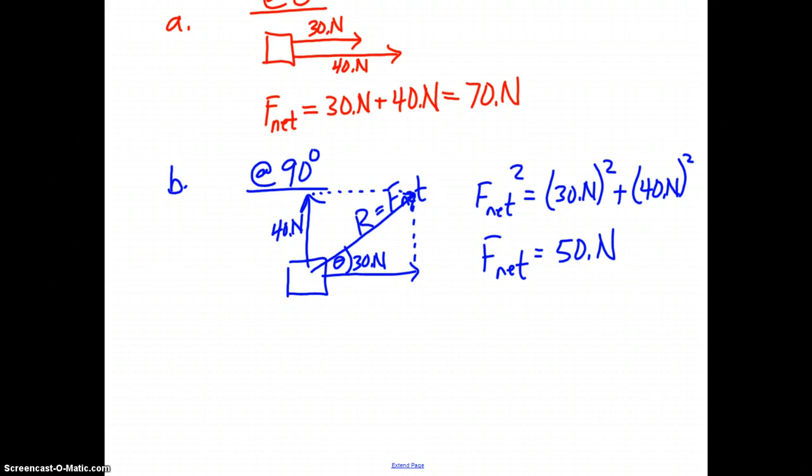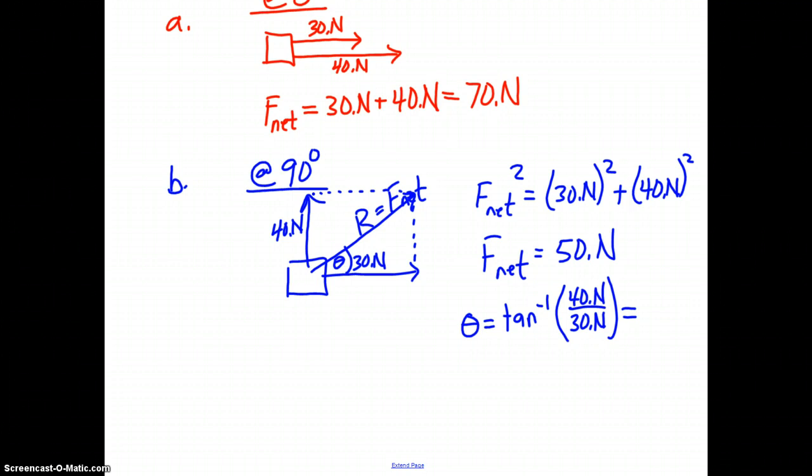What trig function relates the 30 newtons and the 40 newtons along with the angle? And that trig function, of course, is tangent. And you will remember that we will take the inverse tangent of the opposite component, which in this case is the 40 newtons, over the adjacent component of 30 newtons. We take the inverse tangent of 40 divided by 30.